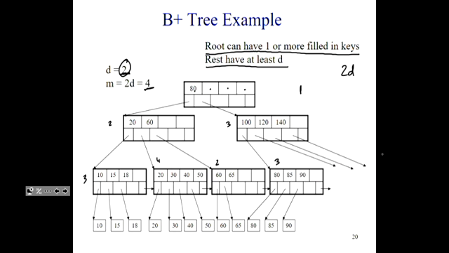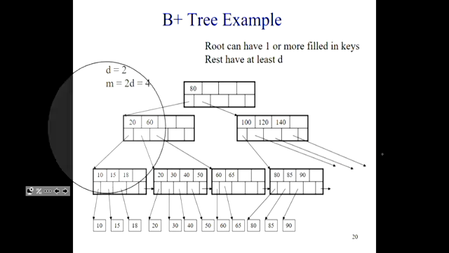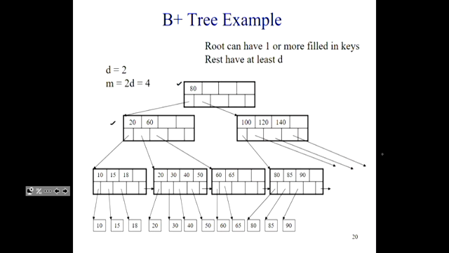As you can also see here, these are the internal nodes. So this is an internal node, this is an internal node, this is an internal node. And these are the leaf nodes, right? So 1, 2, 3, 4, these are the leaf nodes. For the internal nodes, if I were to follow this pointer here, this would be everything between whatever and 80.